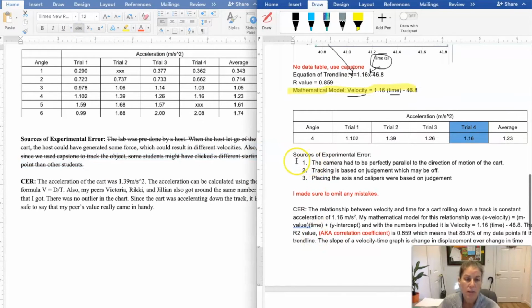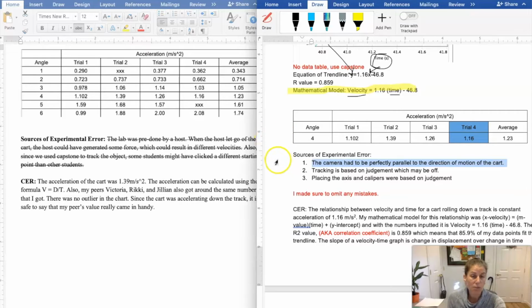This person's: the camera had to be perfectly parallel to the direction of motion of the cart. Tracking is based on judgment, which may be off. Placing axis and calipers are based on judgment. Those are all fantastic because those are limits based on the type of methodology we use, the tools we're using. Those are all really important factors that would then change your results if you did it wrong or differently.